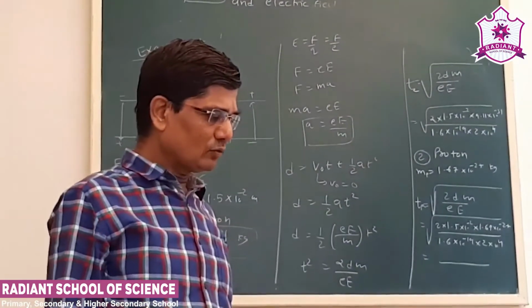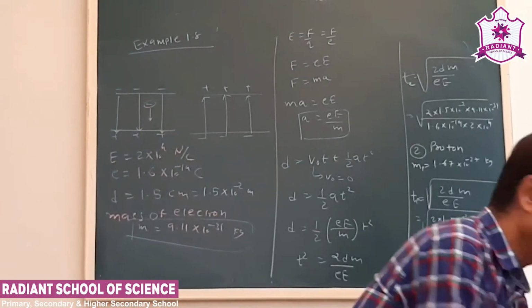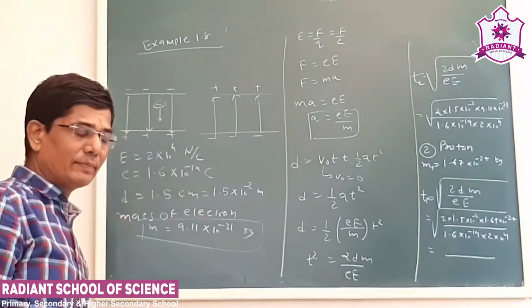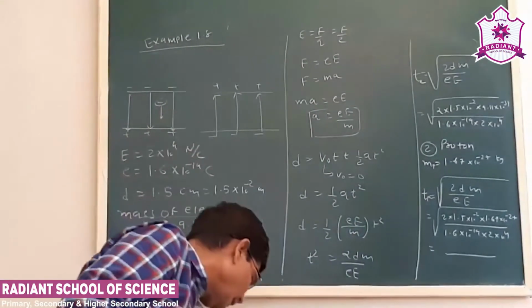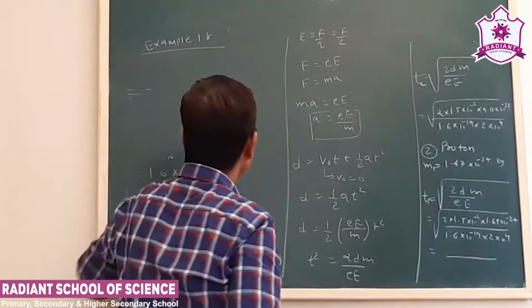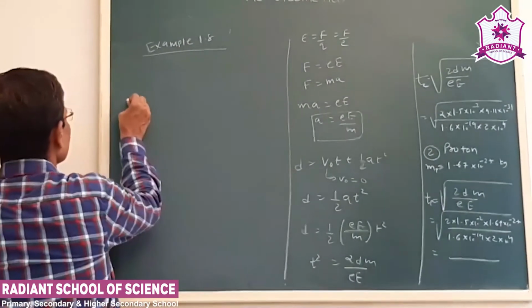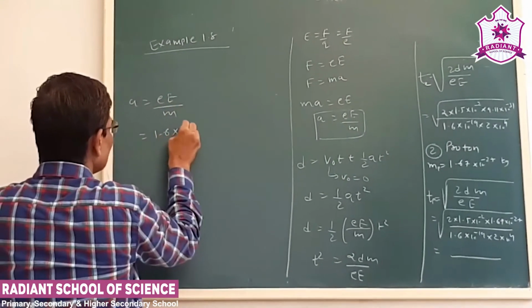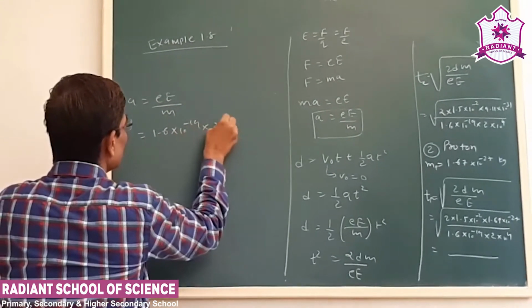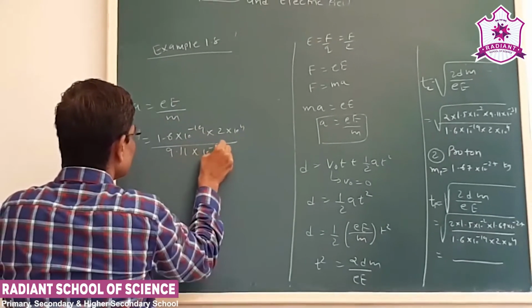One more thing we have to find out: we have to compare the acceleration with g, that is the gravitational acceleration. Now the acceleration of the electron a is equal to eE by m, that is 1.6 into 10 to the power minus 19 into 2 into 10 to the power 4, divided by 9.11 into 10 to the power minus 31.